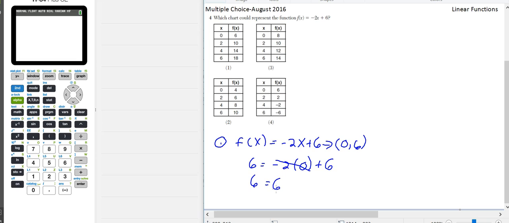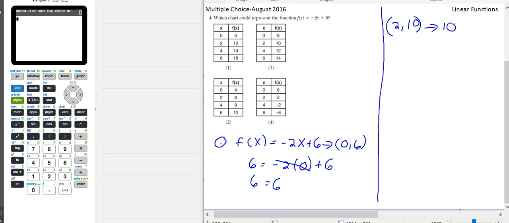But before you choose choice 1 and move on to the next question on the Regents, you'll need to try each point in this table to make sure that every single point of the table makes the equation true. So let's try the next set of coordinates. We have 2, 10. So let's plug that into the equation.